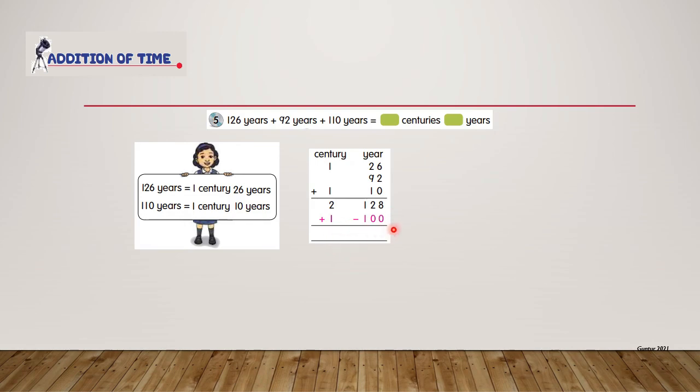We complete it. 8 minus 0, 2 minus 0, 8, and 2 plus 1 becomes 3. So the answer for this question is 3 centuries and 28 years. 126 years add with 92 years add with 110 years equals to 3 centuries 28 years.